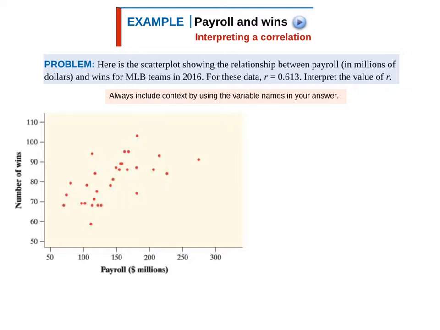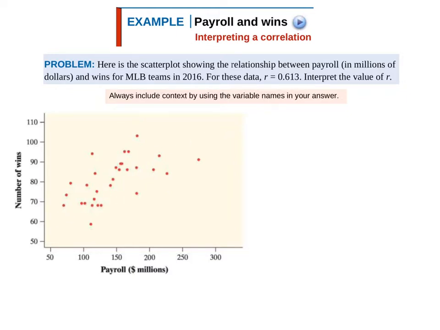Also, something to note when you are answering questions like this or describing relationships or trying to find correlation, always include context by using the variable names in your answer. So what I see here is that things look kind of positive, so that positive R value makes sense, and I could probably draw a line of best fit through there.